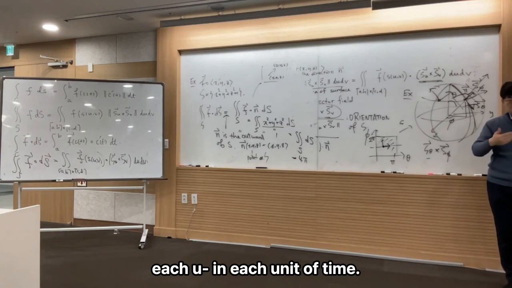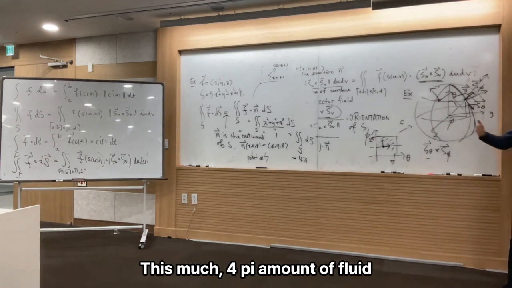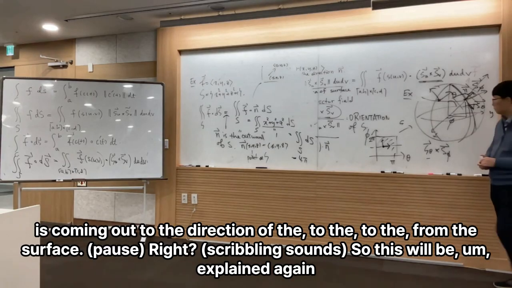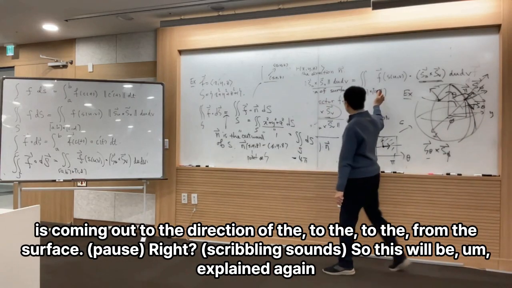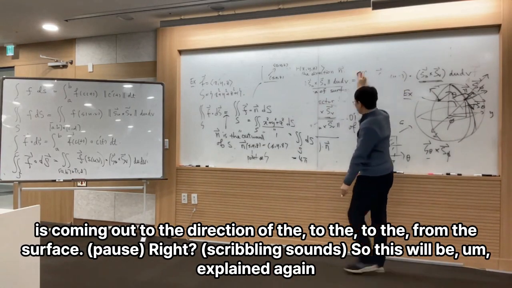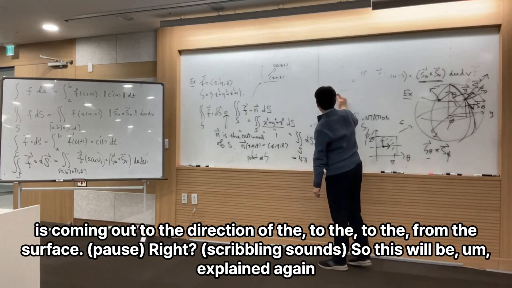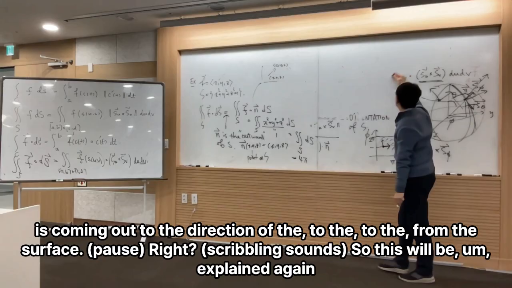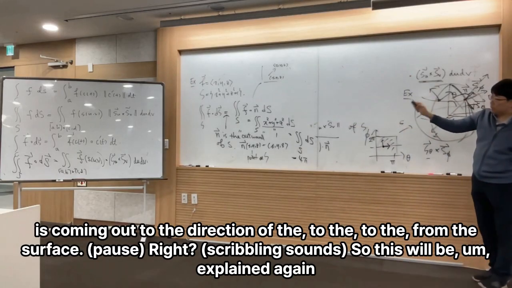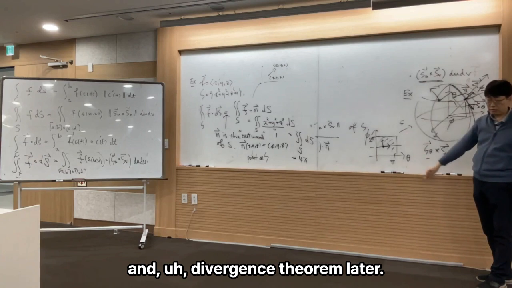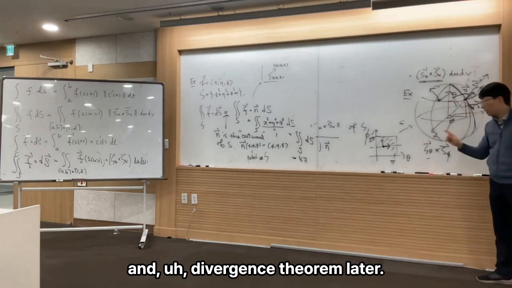So in some sense, in each unit of time, this much, 4 pi, amount of fluid is coming out in the direction from the surface. This will be explained again when we talk about Stokes' theorem and the divergence theorem later.